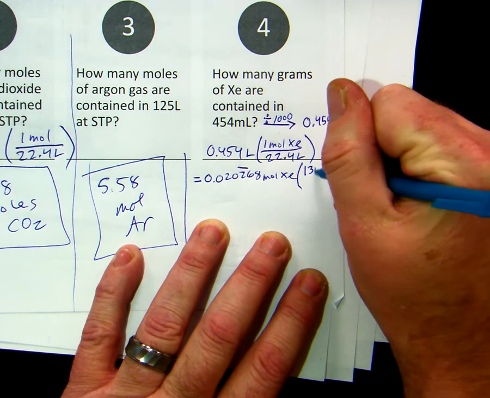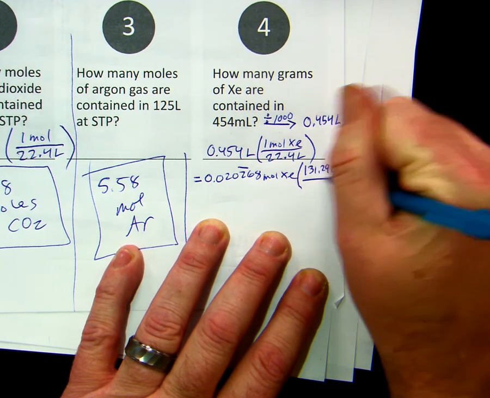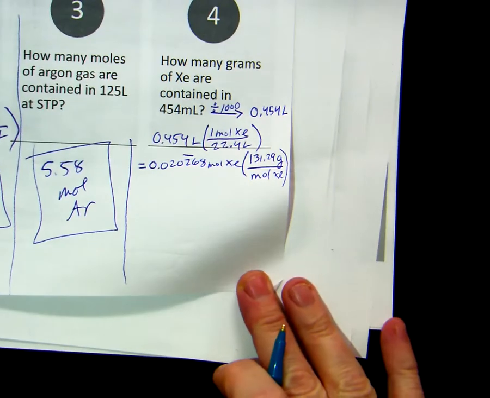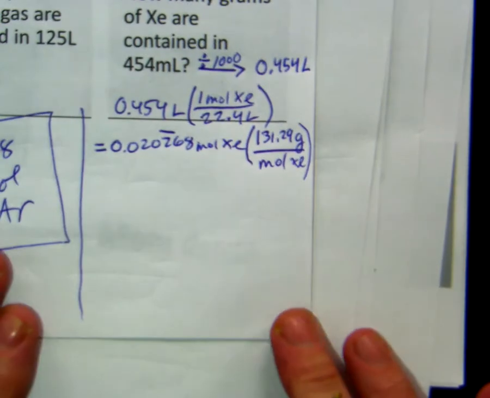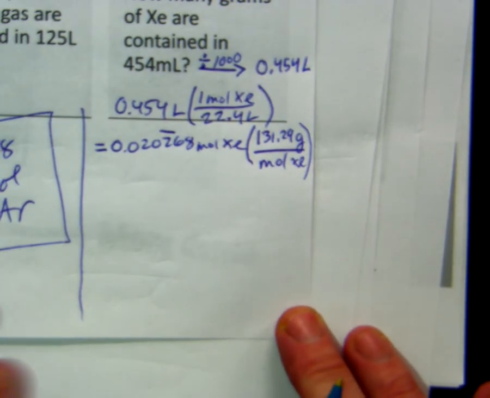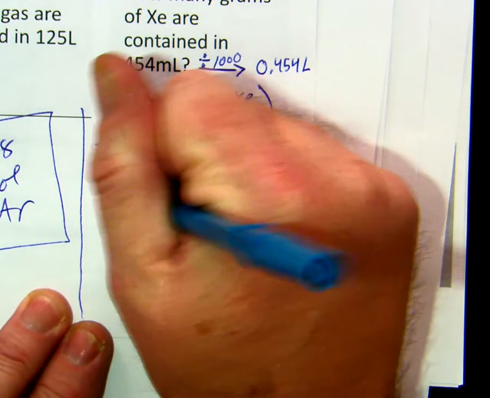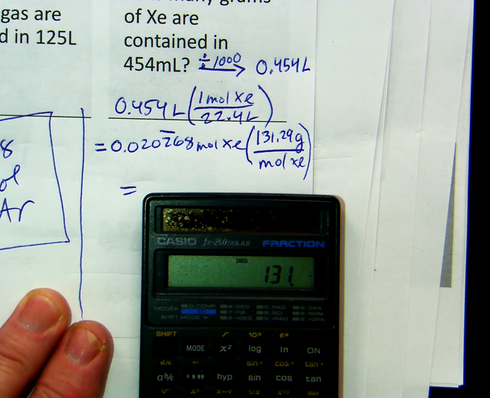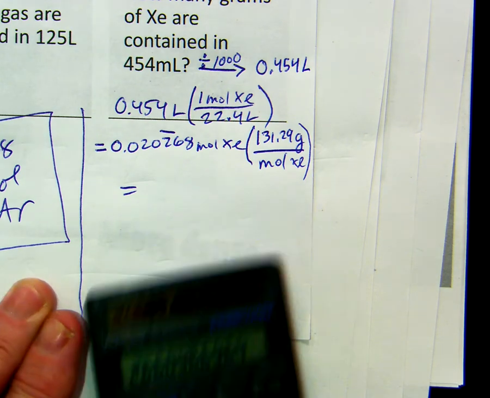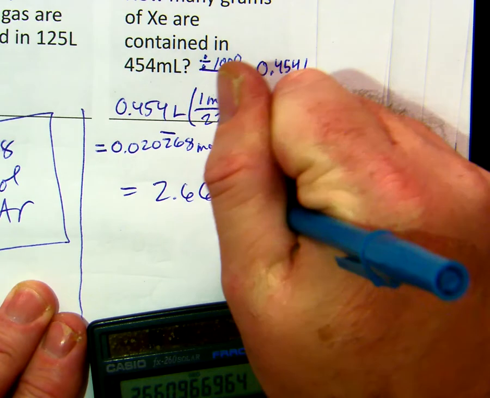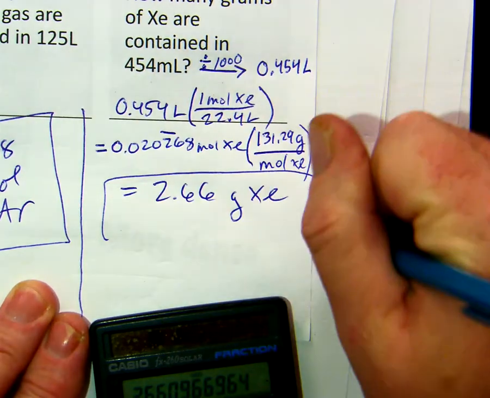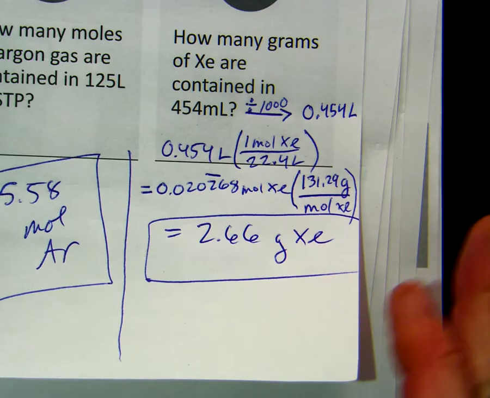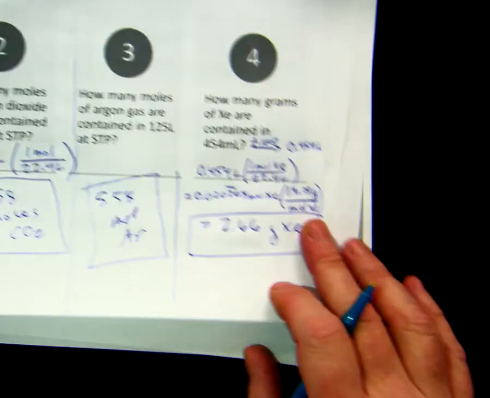I have 131.29 grams for every mole of xenon. And now I can solve for my grams of xenon. So that would equal what's in my calculator times the molar mass. And I get 2.66 grams of xenon.